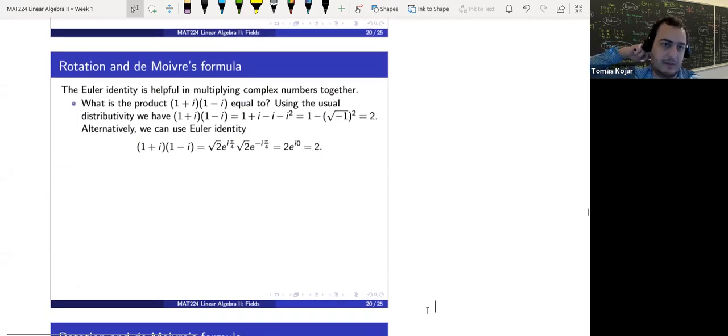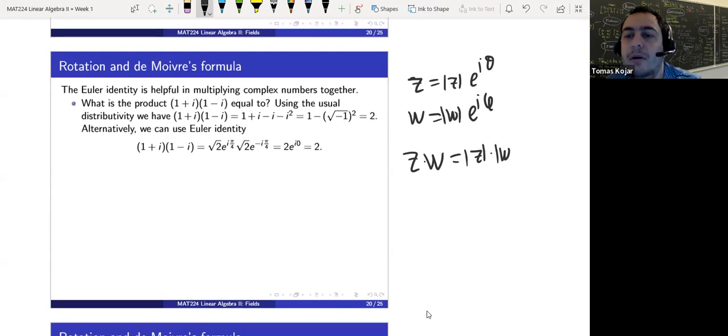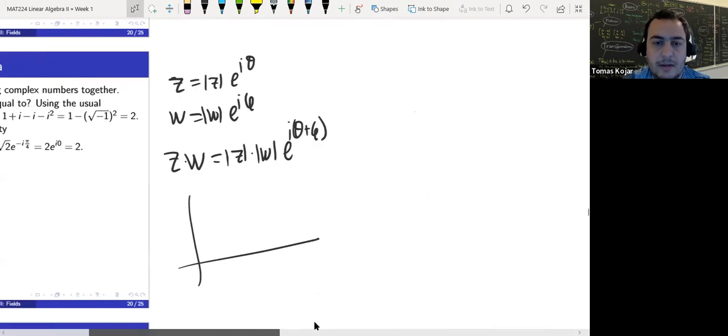Now, we just talked about this Euler identity. So if you manage to find the polar form for your number, so w is e to the i phi, and then you want to multiply your two numbers, z and w, then you can just multiply their polar forms. So if you do that, what does it say? Let me scroll to the right.